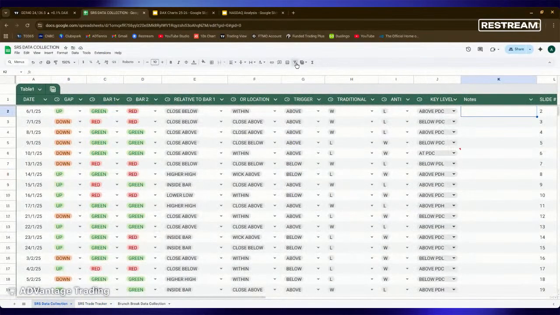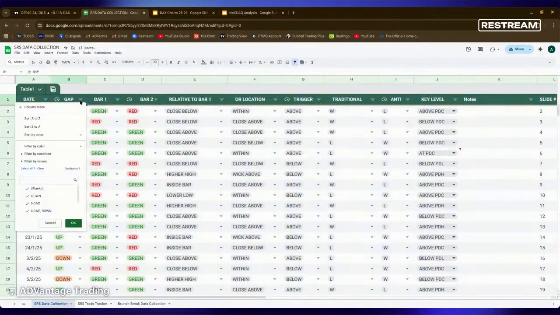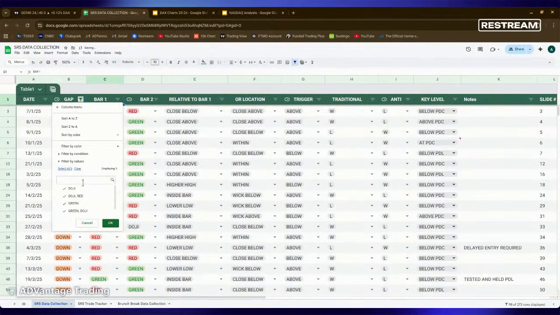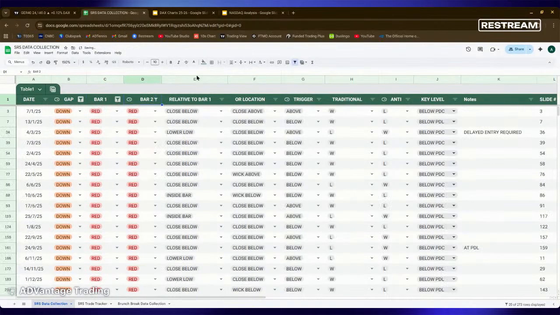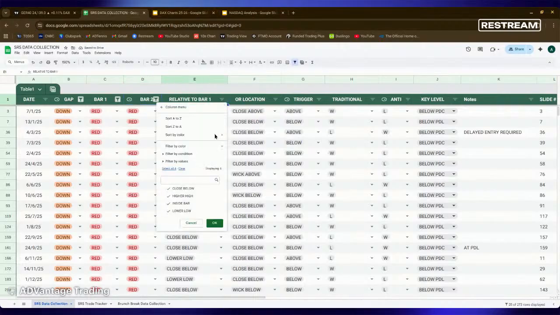Okay, so we can put the filter on. We can go gap down. Bar 1 was red, and bar 2 was red. Okay, bar number 2 relative to bar number 1 closed below.